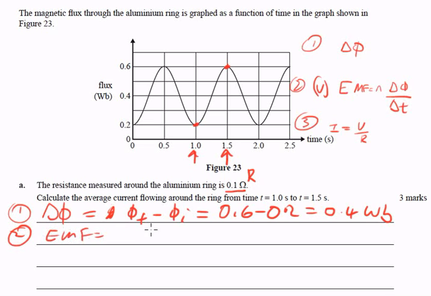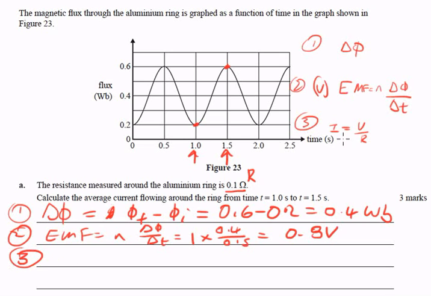Now we can calculate the EMF. So the EMF is equal to N change in flux over change in time, which is there's just one ring, times the change in flux we've worked out as 0.4, and the time from 1 to 1.5 is 0.5, and that equals 0.8 volts.